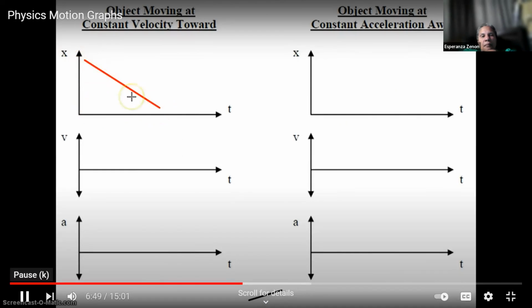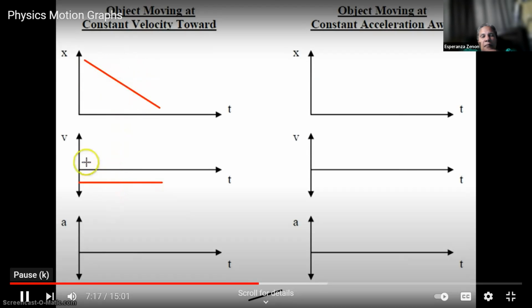Straight line indicating to us that the rate of change of that distance is remaining constant, therefore constant velocity. Well, constant velocity again means that we're going to have a horizontal straight line. This time though, our horizontal straight line is below the time axis. The slope of this line is negative, indicating negative velocity, meaning that it's going toward.